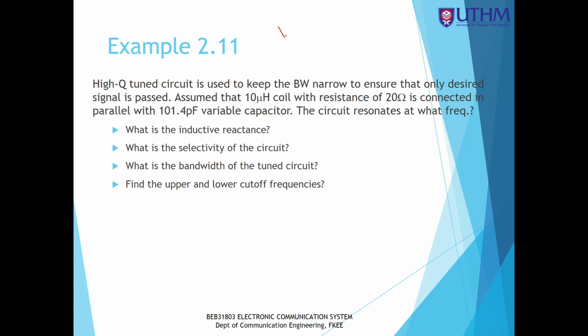Again I draw the picture. So the tuned circuit is at the front side of the receiver. In this example, a high quality tuned circuit is used to keep the bandwidth narrow to ensure that only the desired signal is passed.